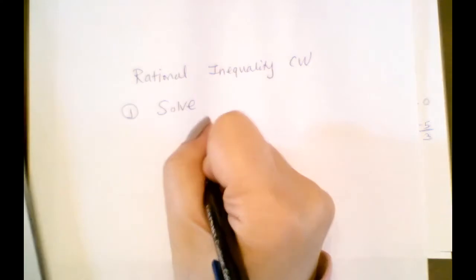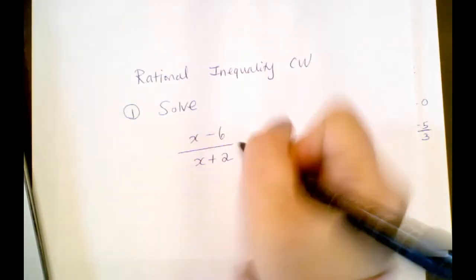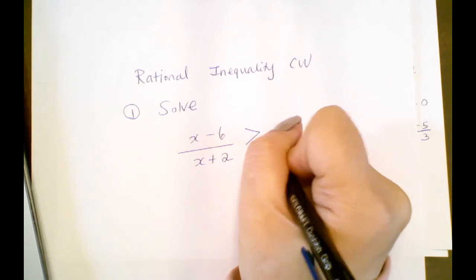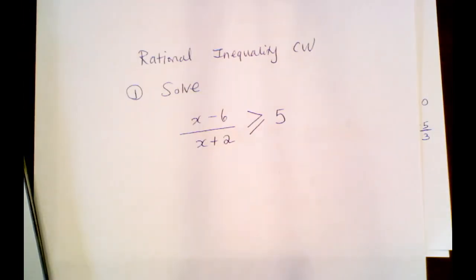Solve x minus 6 over x plus 2 is greater than or equal to 5. This one was given on last semester's exam too, and I do want you to be able to solve something like this. Scan it and put it on Canvas. Submit it on Canvas. I look forward to checking your work. Please don't wait until Sunday, guys, okay?